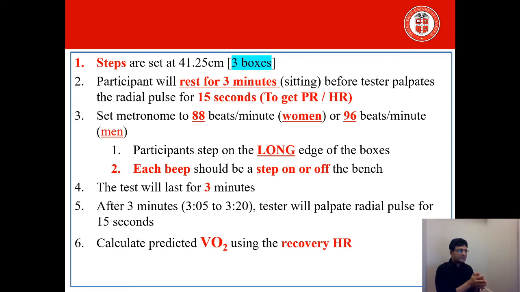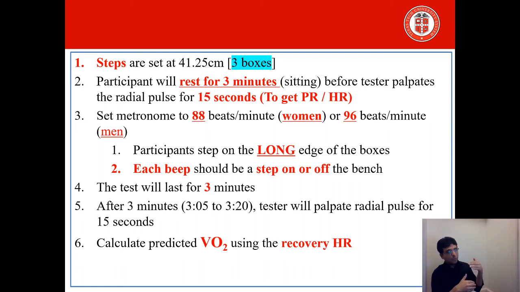So before the test, make him rest for 3 minutes, record the heart rate using the radial pulse for 15 seconds, multiplied by 4, and you will get the heart rate at rest. Then we are going to set the beat through an instrument known as a metronome.